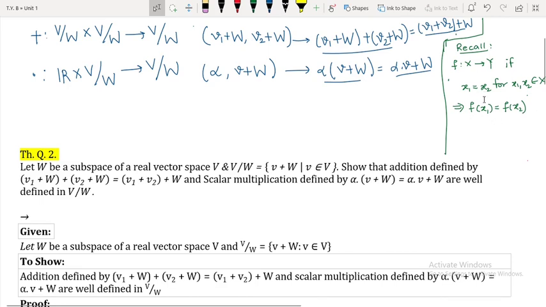This is the definition of a well defined function. You can say it is the converse of a one-one function. In a one-one function we take f of x1 equal to f of x2 and try to prove that x1 is equal to x2. If that happens, then we say f is one-one. But if you take the converse of that, that is a well defined function.